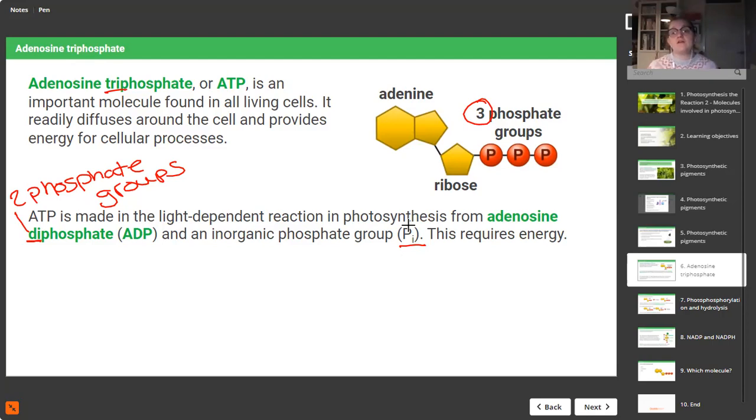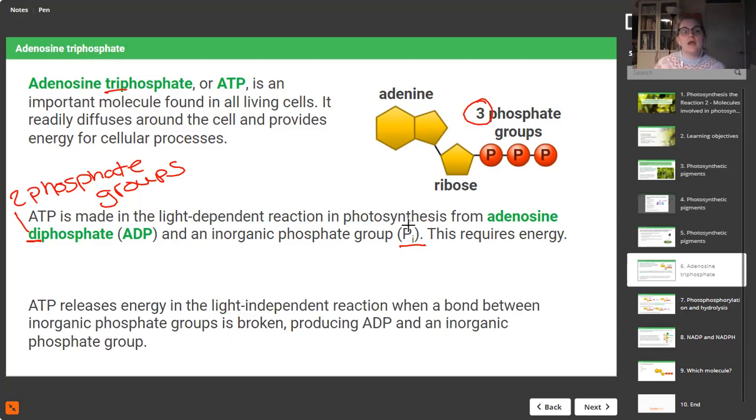Now, this process requires energy. It can't just happen on its own. So whilst ATP is an energy molecule, we need energy to actually make it. ATP actually releases energy in the light-independent reaction.